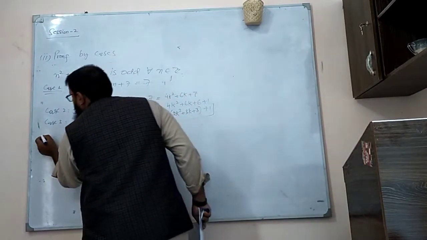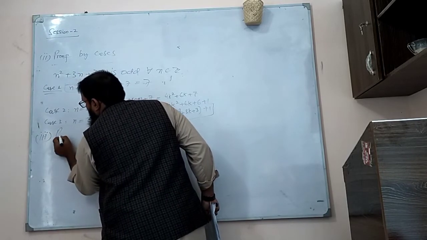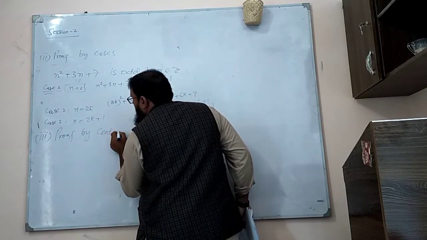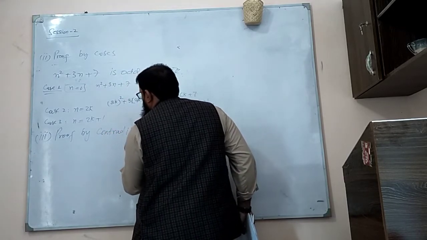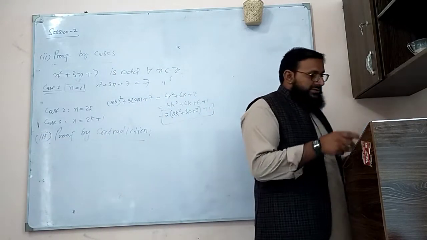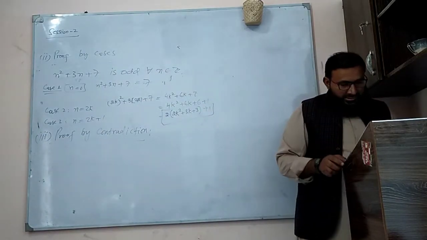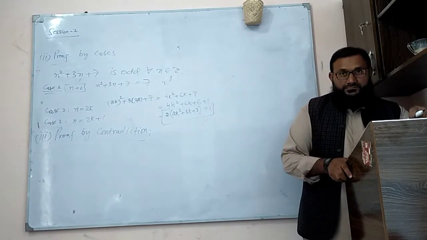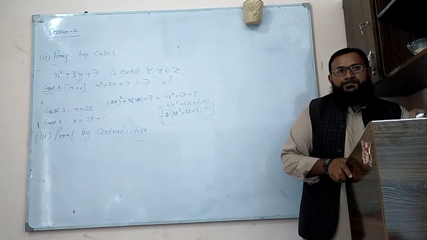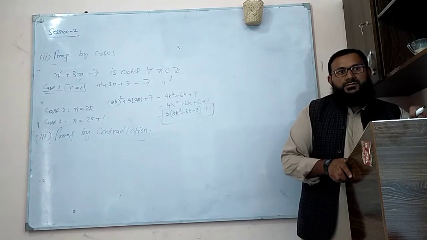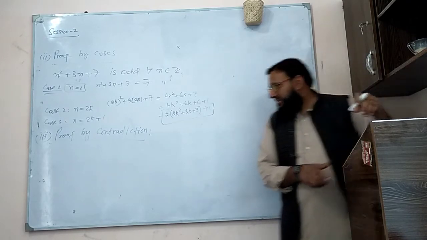Another thing is proof by contradiction. So, how to prove something by contradiction? In the start we assume something, and in the end we reach a contradiction.